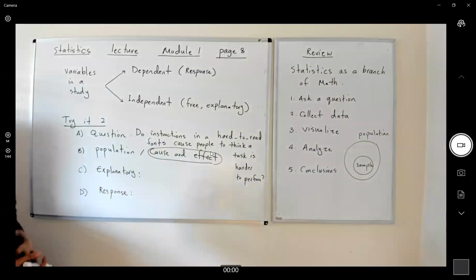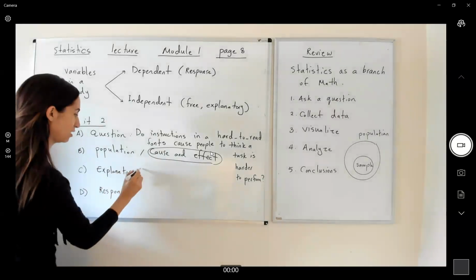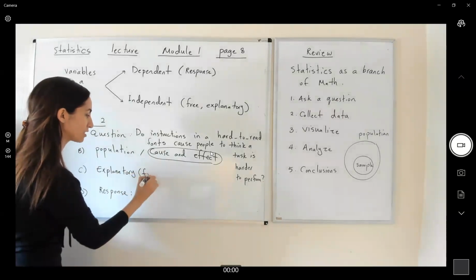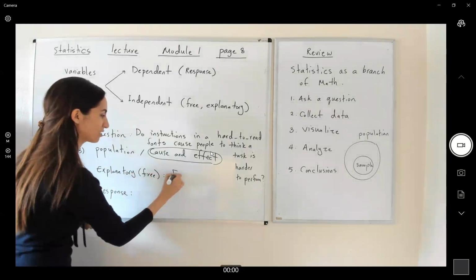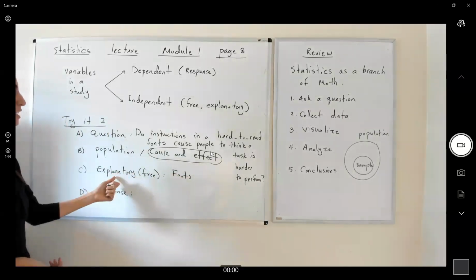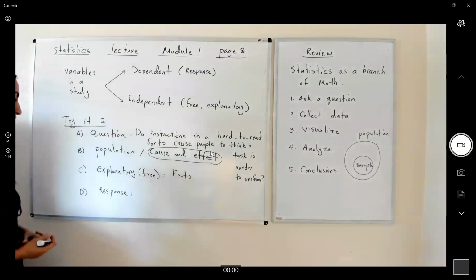What's the explanatory variable? What's the free variable here? We are changing different fonts. So fonts in general are free or explanatory or independent variables in this case.